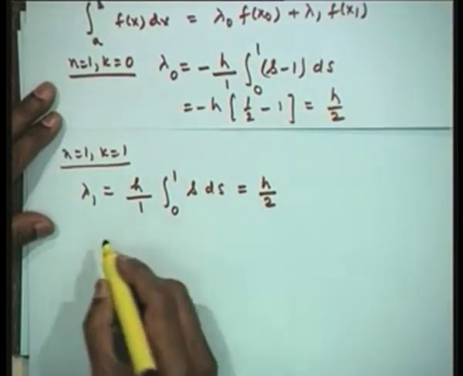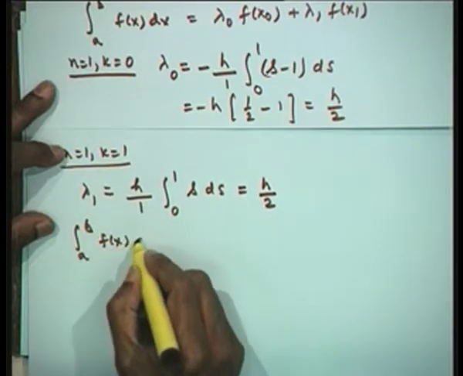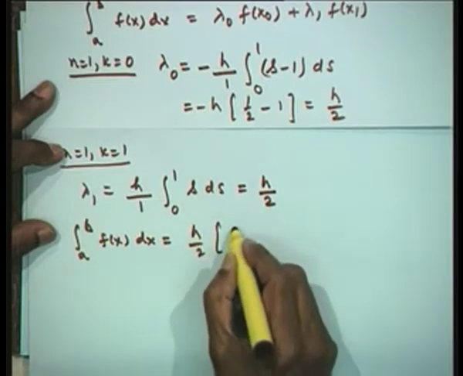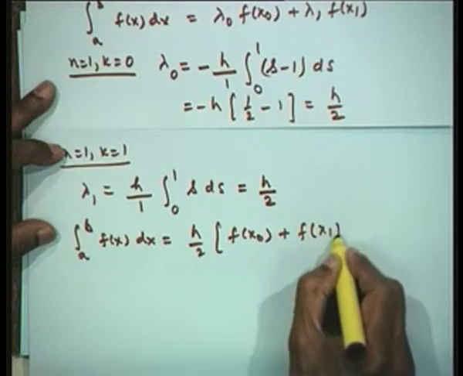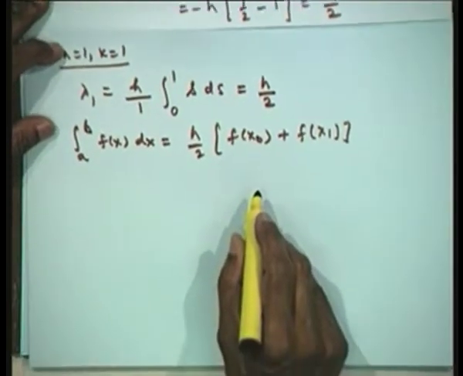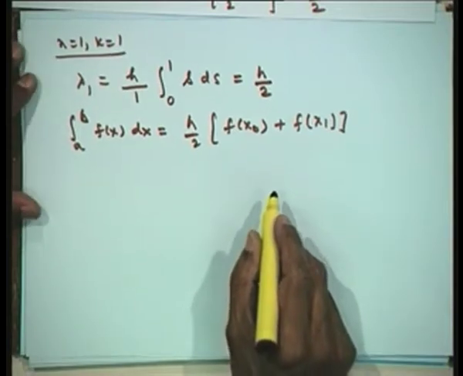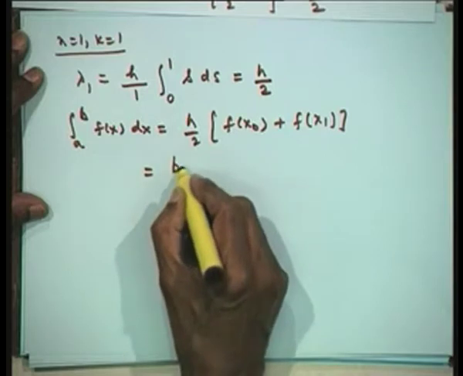Therefore, we have now derived the formula as integral a to b f x dx is equal to h by 2 f of x naught plus f of x 1. If you want, we can put it in terms of the upper and lower limit also, h is equal to b minus a.